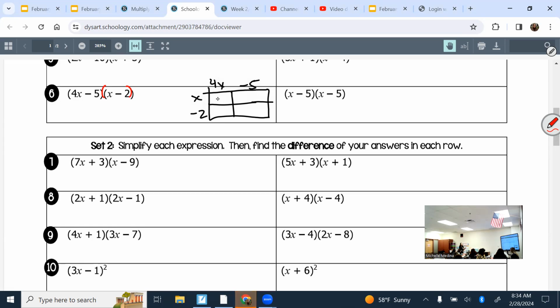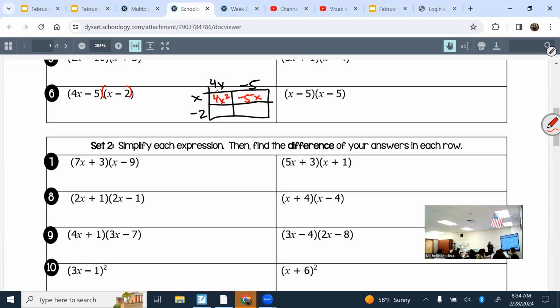And then inside your box, you can multiply them. So table 4, what's 4x times x? Good. Table 5, what's -5 times x? Okay, good.